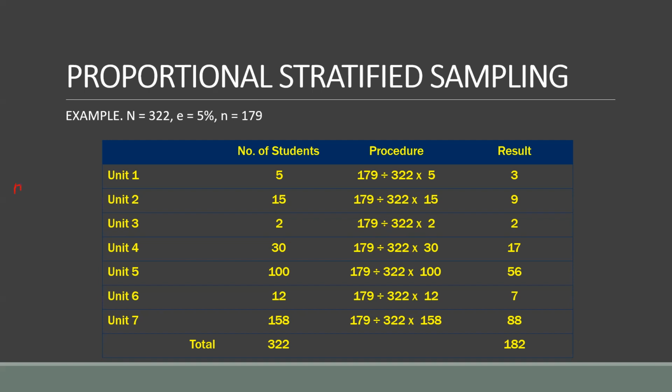Your unit 1, N1, is equivalent to small n divided by capital N, multiplied by the population of your cluster 1. So that would be 179, which is our total sample size, divided by the sample population of 322 times 5.